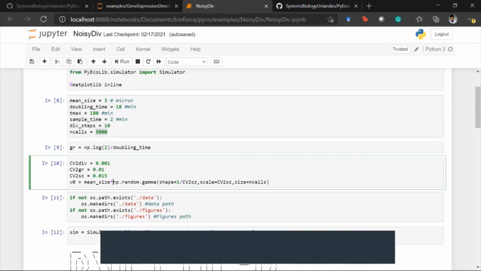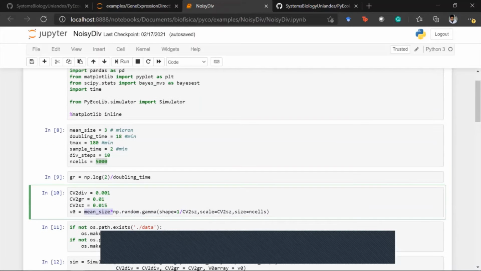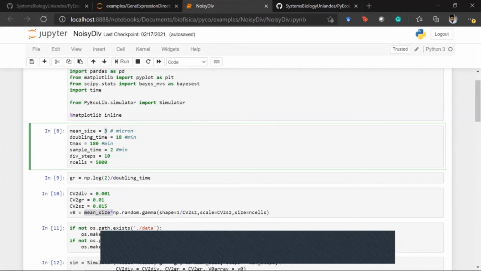And since these numbers have mean 1, you can just multiply this array by the mean size, and finally you have the mean size as you want, for instance, in this case 3 micron.